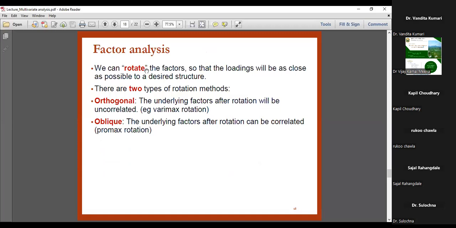In orthogonal rotation, the factors after rotation are uncorrelated. One of the popular methods is Varimax rotation. Oblique means that after rotation, the factors are correlated. One example is Promax rotation.